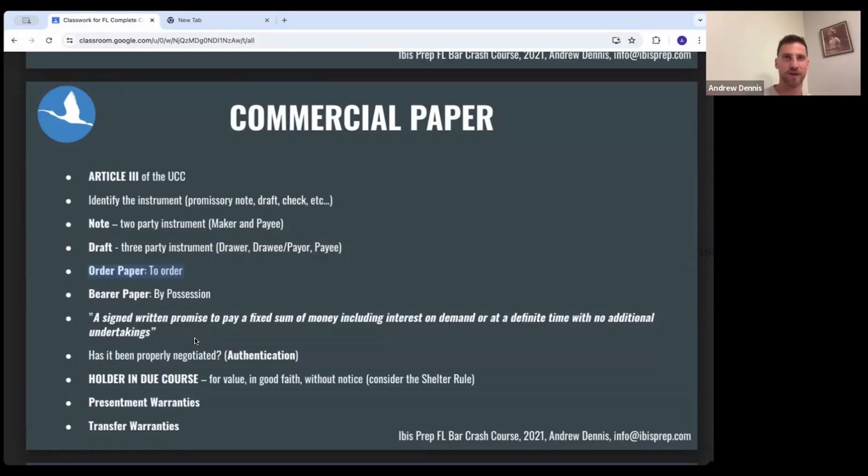And when you think of real defenses, think of defenses on the instrument itself, like alteration or fraud on the actual instrument. So a good way to distinguish between personal and real defenses when it comes to a holder in due course would be fraud in the inducement is a personal defense and fraud in the factum is a real defense.